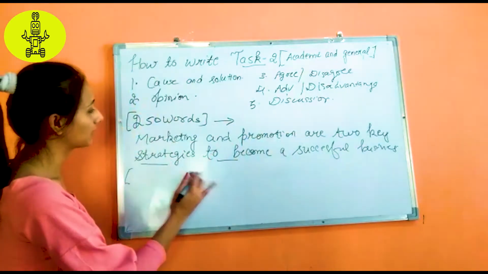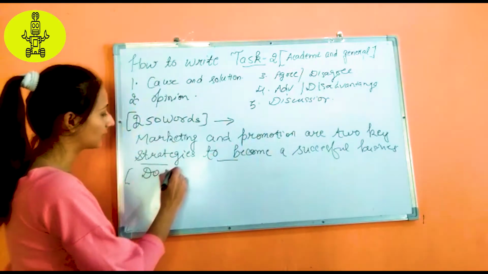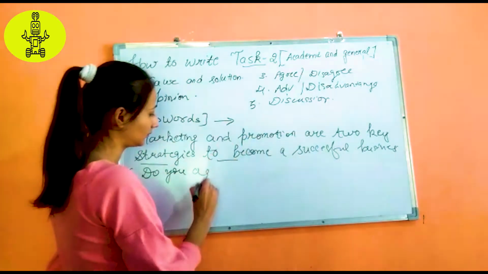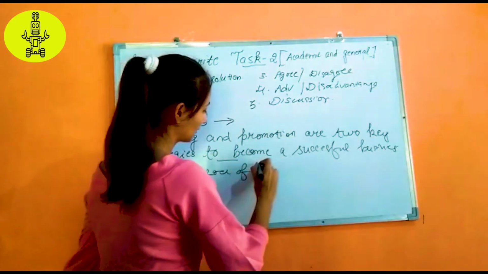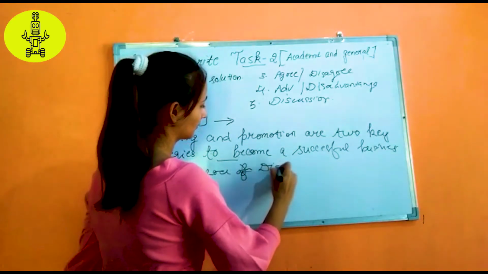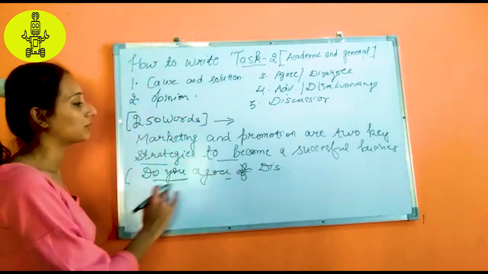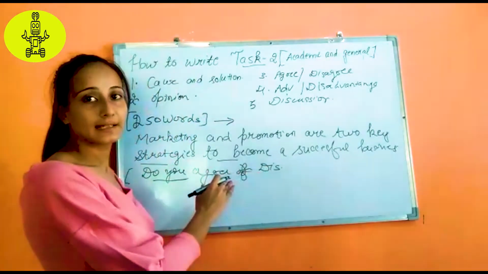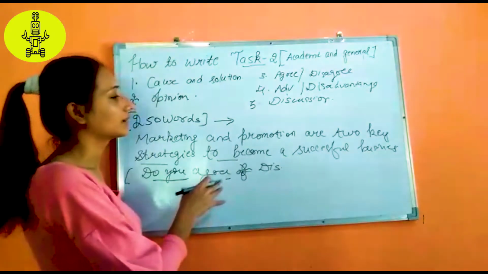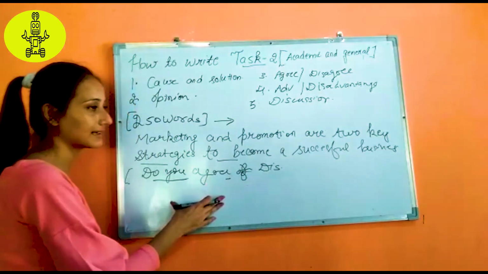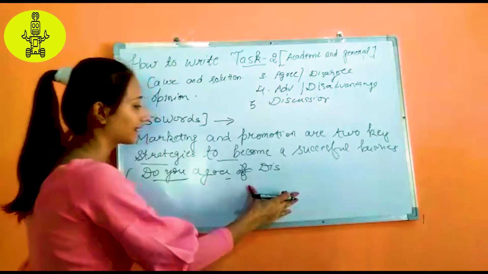So here I am giving you: do you agree or disagree? If it is only agree, suppose I have written, to what extent do you agree? Then at that time you need to write only that I agree to a certain extent, I agree, I totally agree.